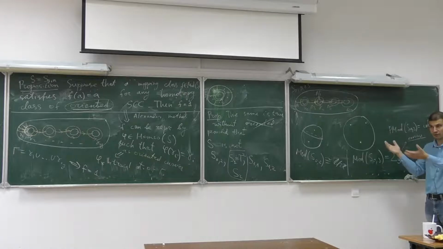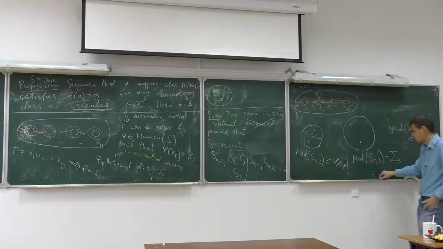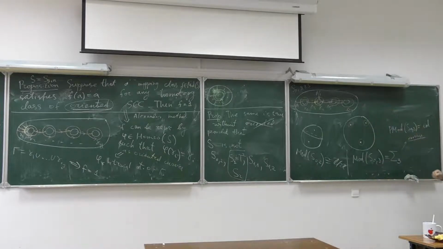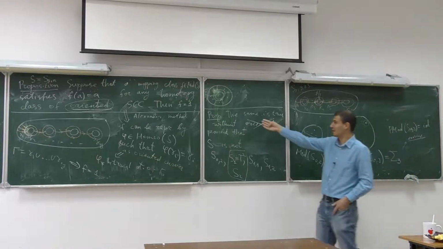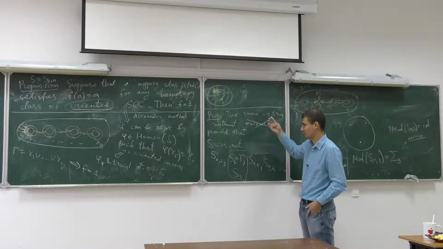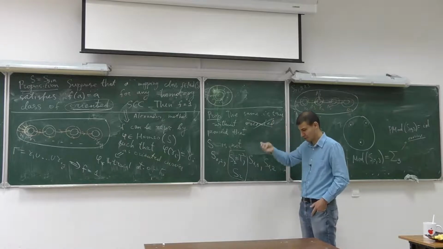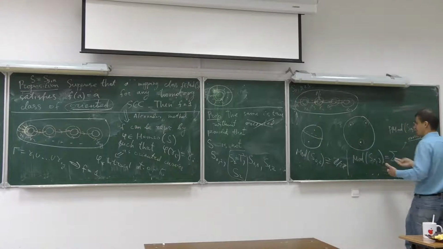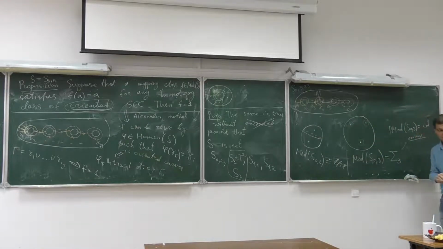In a neighborhood of each puncture there is only 1 simple closed curve, so we have only 3 simple closed curves at all: 1, 2, and 3. And if every one of these curves is taken to an isotopic curve, then every puncture is fixed, and so the mapping class is trivial.